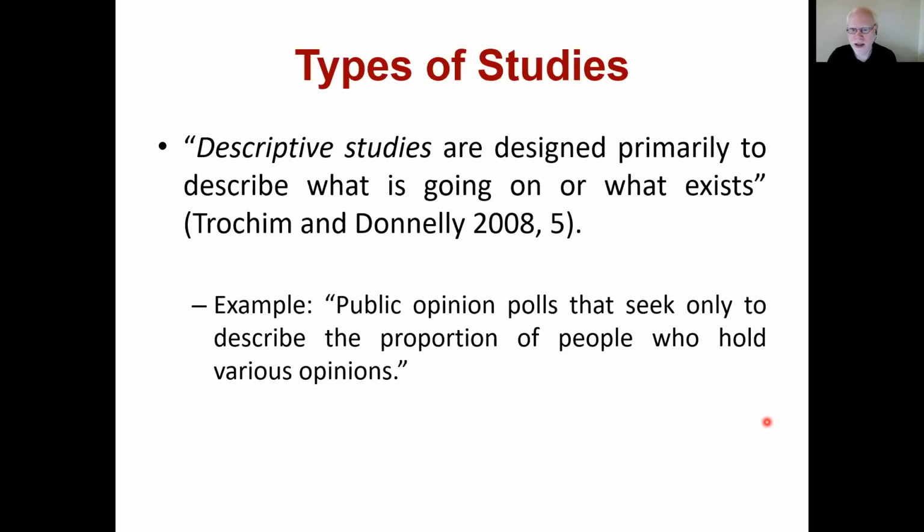So what are the different types of studies that you're going to see in the social sciences? You're going to see descriptive studies, and these are designed primarily to describe what's going on or what exists. So say you think there's a problem related to poverty in the world, and there certainly are many problems related to poverty in the world.